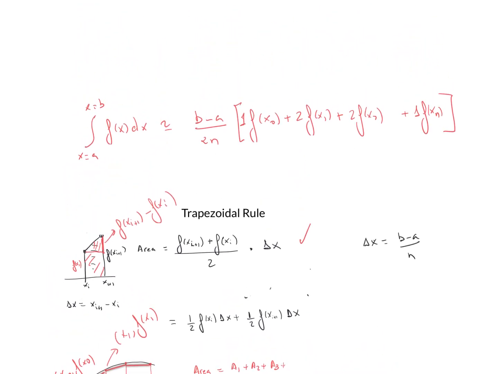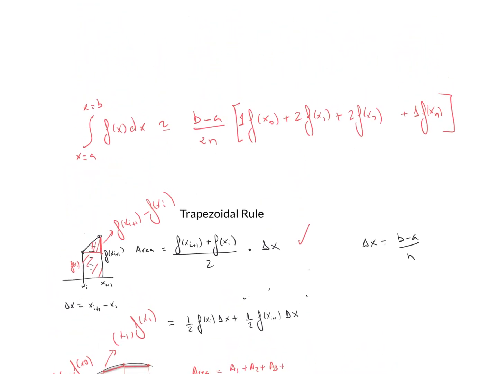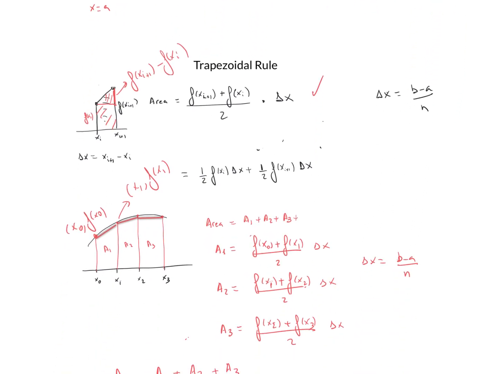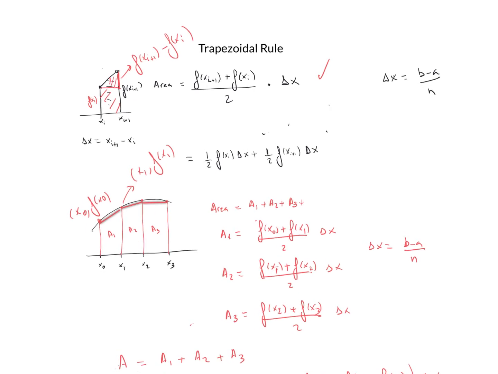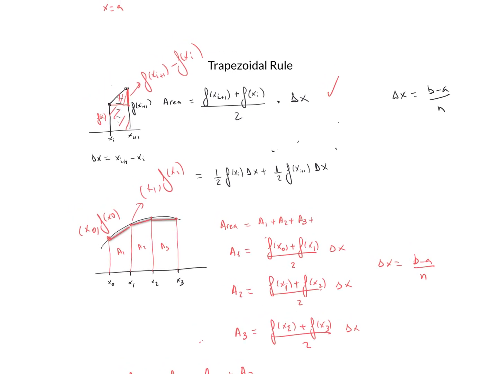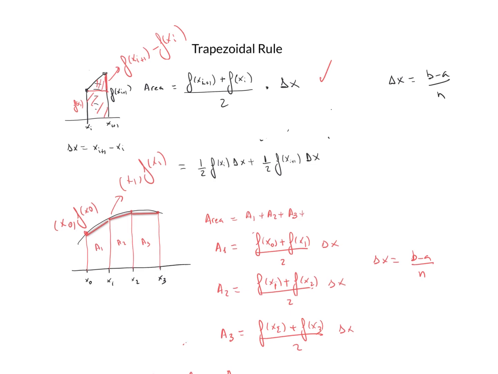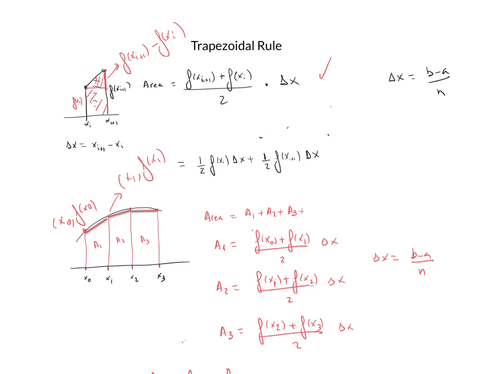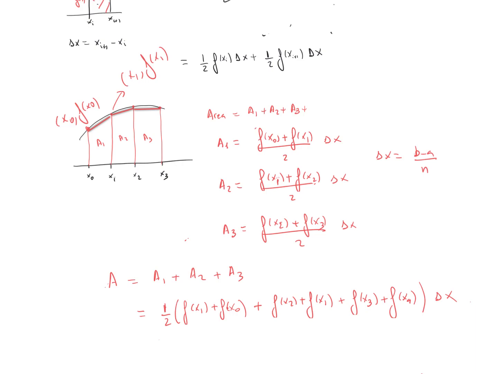This function f of x can be a continuous, complicated function whose antiderivative you may not know. Indeed, I think your calculator may be using the trapezoidal rule to give you an answer about the definite area of a function between x equal 1 and x equal 3. Okay, this is the method.